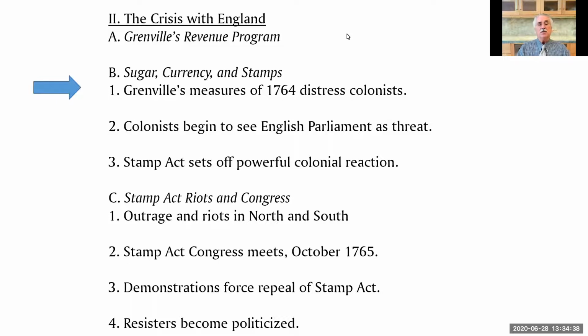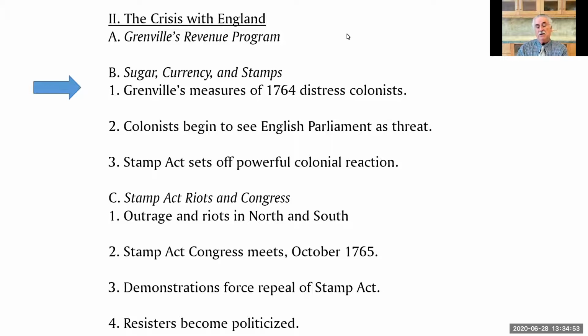Now, you wouldn't need to memorize this particular point exactly, but just to let you know, the Sugar Act, for example, promised very strict enforcement of the tax on imported molasses.